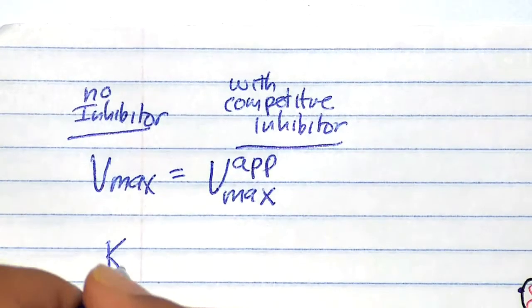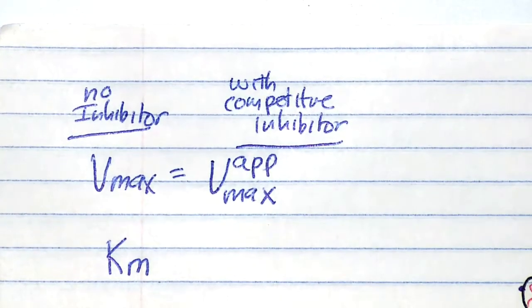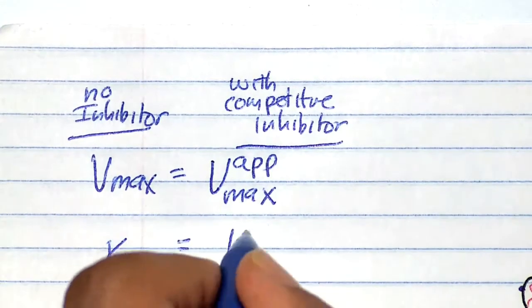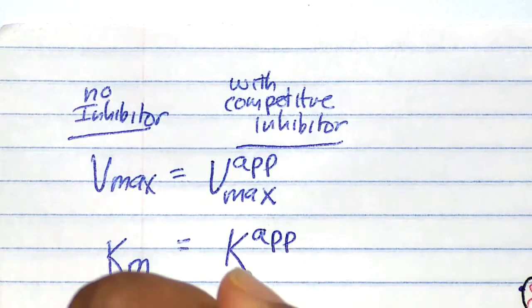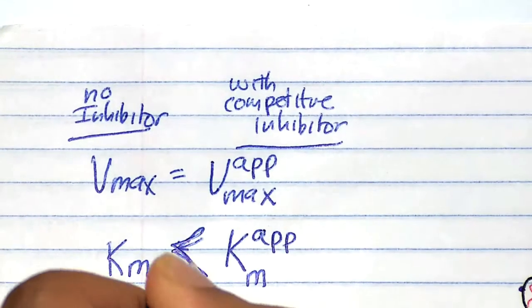With no inhibitor, you will still have Km. But in the presence of a competitive inhibitor, you will have a new Km, the apparent Km, and that's going to be greater.